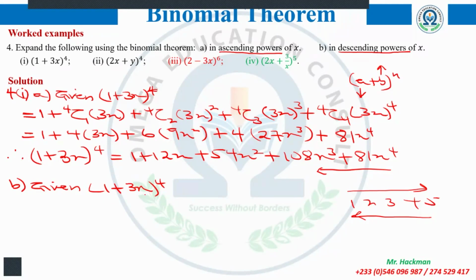Because you know, when you are given this, your first term, the powers will be decreasing, and your second term, the powers will be increasing, and your variable happens to be in the second term. If you expand straight away, where your second term is the one that contains the variable, you get your expansion in ascending powers.